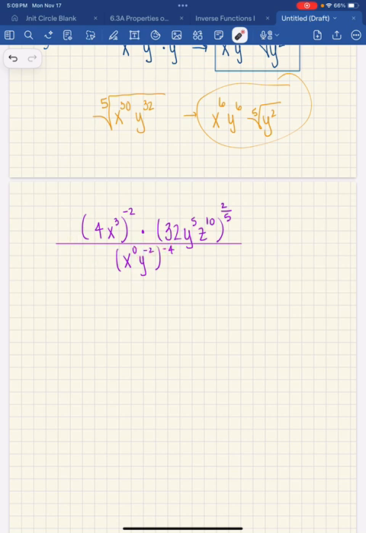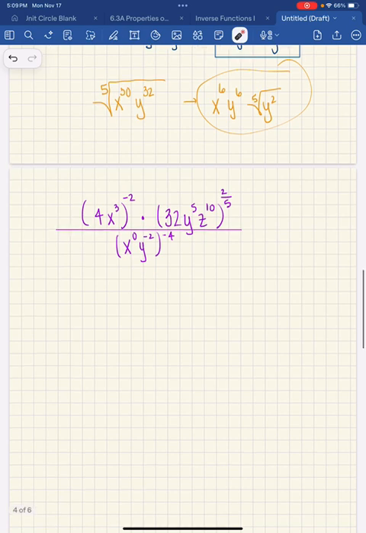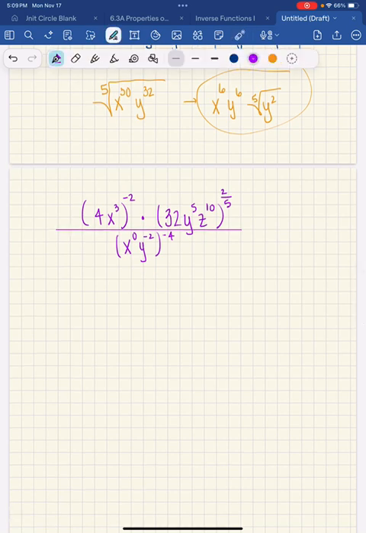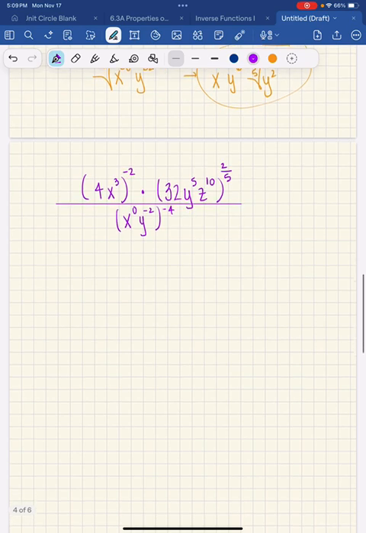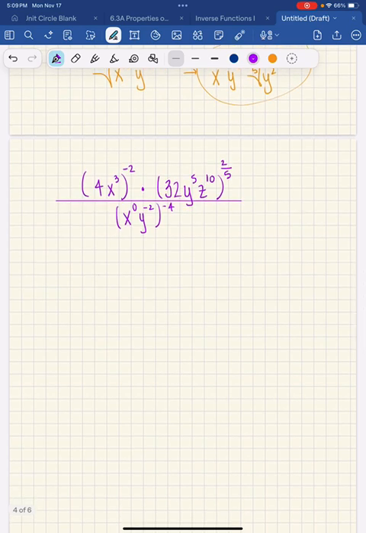There's so many options. Okay, so negative exponent, I would flip and move it to the denominator. So I'm going to take 4x cubed, and I'm going to move it to the denominator and make it positive 2.